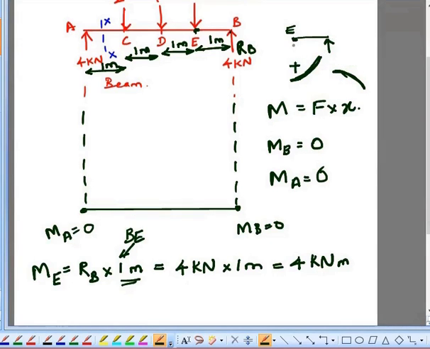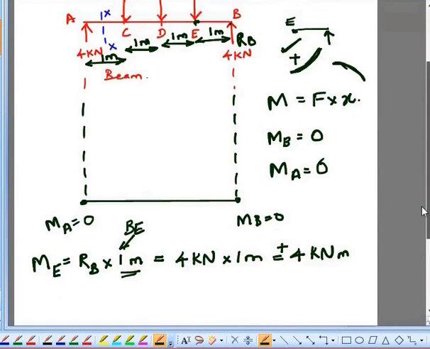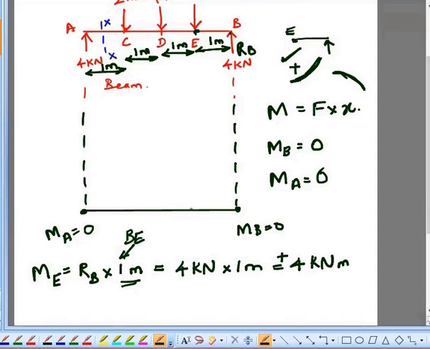I am having this case. So you can put plus 4 kilonewton meter. So at point E, I am having the bending moment of 4 kilonewton meter.